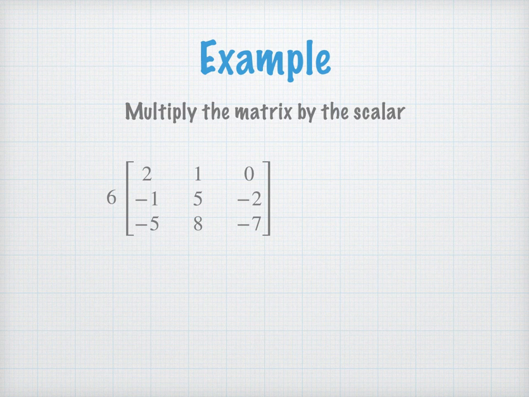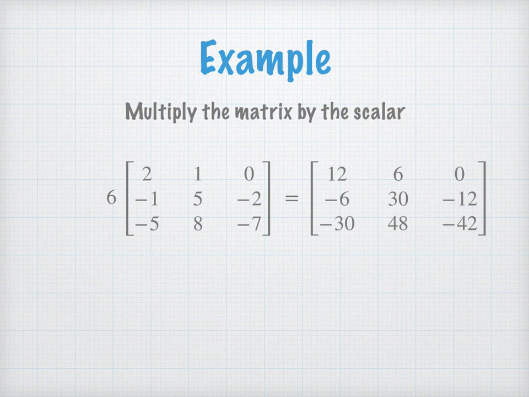So 6 times 2, 6 times 1, 6 times 0. That will give me my first row. 6 times -1, 6 times 5, 6 times -2 gives me my second row. 6 times -5, 6 times 8, 6 times -7, that gives me my third and final row.